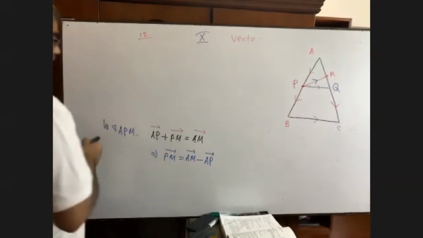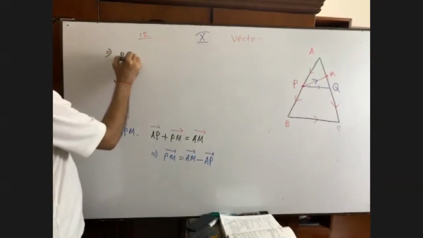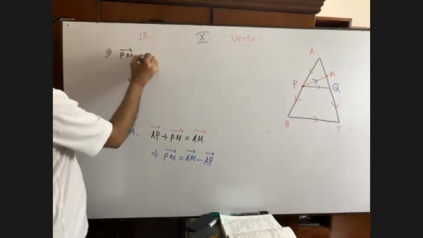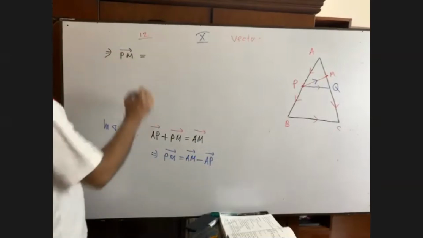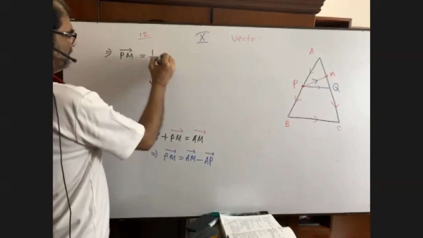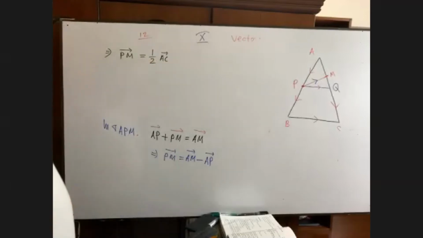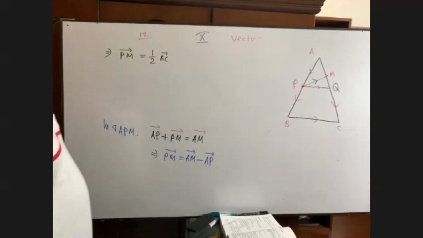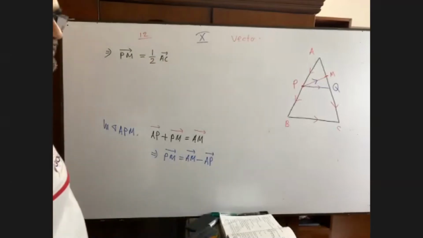Is it okay to all? Yes, sir. PM is equal to, what about AM? AM equals to what? Half of AC. Because I let AM be the midpoint. Can you remember? I am doing the math considering M be the midpoint of AC. Right?